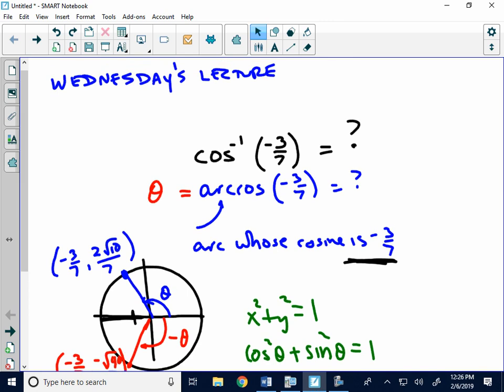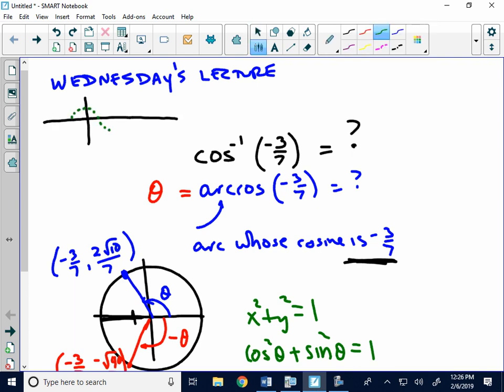And if you recall how we generated this inverse function, we looked at the cosine wave, right? So the cosine wave, something like this, and we noted immediately that it was not invertible unless we made it 1-to-1.